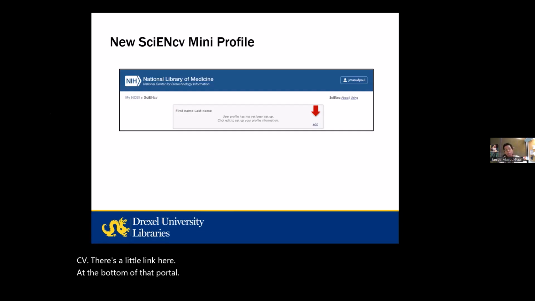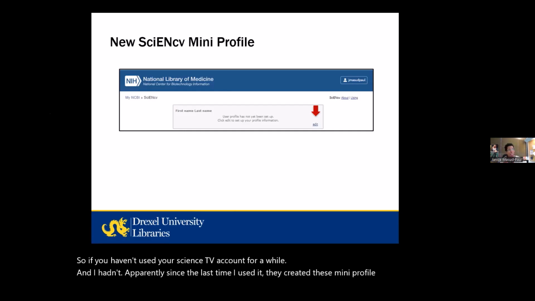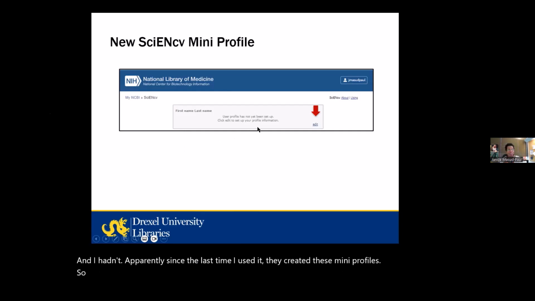So if you haven't used your SciENcv account for a while, and I hadn't, apparently since the last time I used it, they created these mini profiles. So I got this flag that said, user profile has not been set up yet. Click here to edit it and create a profile.